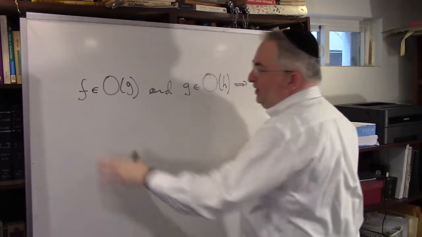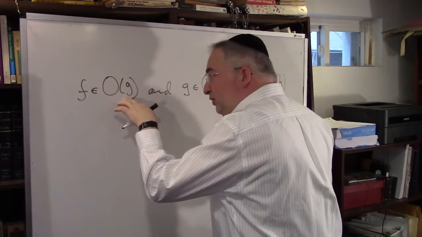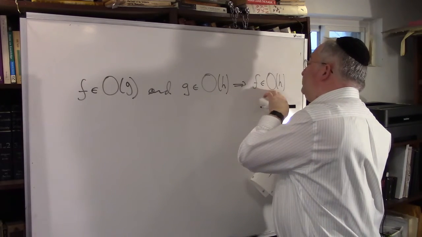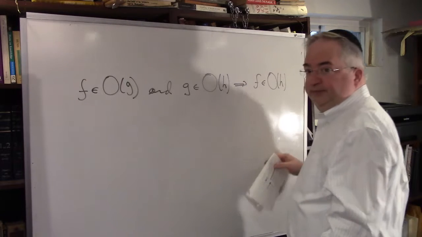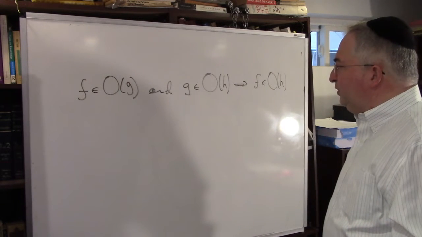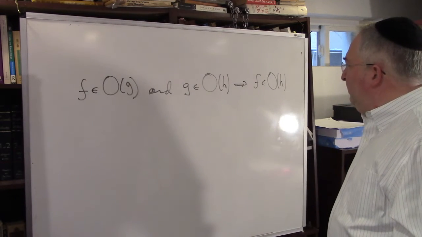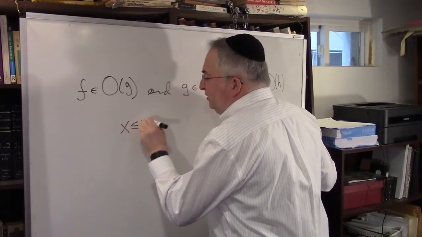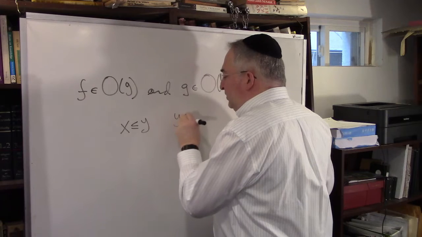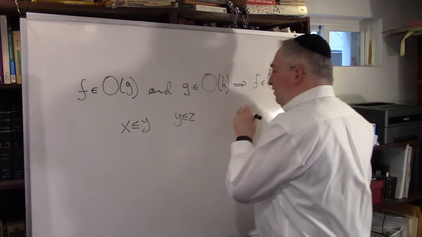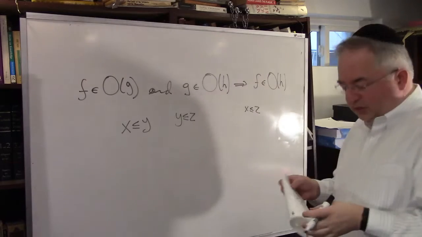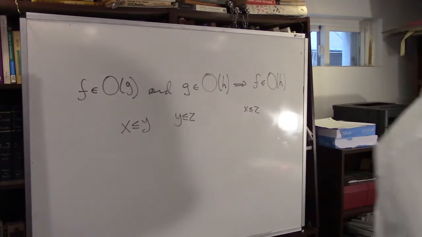That says if f grows the same or slower than g, and g grows the same or slower than h, then f grows the same or slower than h. So that works out very nicely. It's just like this: if x is less than or equal to y, and y is less than or equal to z, then x is less than or equal to z. And that's something you know since 6th grade. Okay, great.